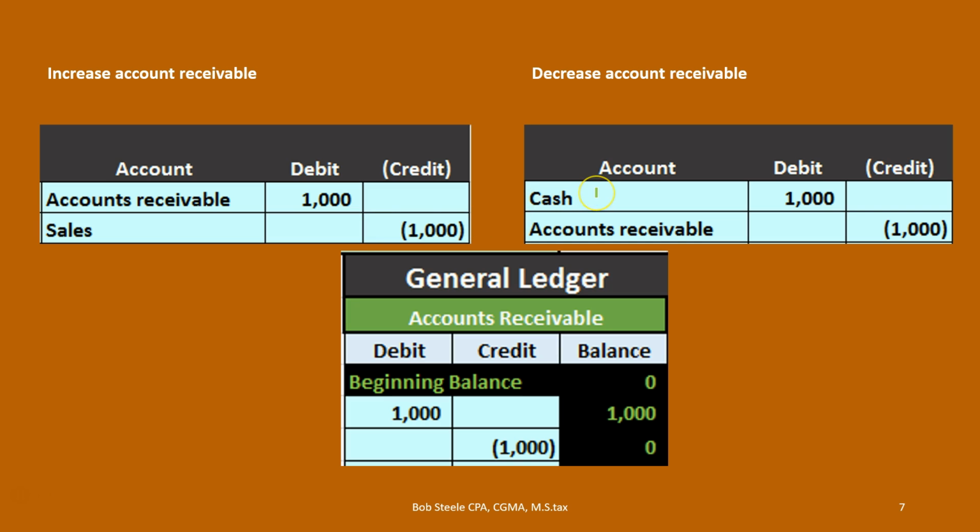If, on the other hand, this entry happened more than this entry, that means that over time the receivable would have gone down. And when it goes down, that means we got cash, we reduced receivable. We got cash, and we're not recording revenue in this time period in which we got the cash, because under an accrual basis, we recorded it last time period, when we earned the revenue.